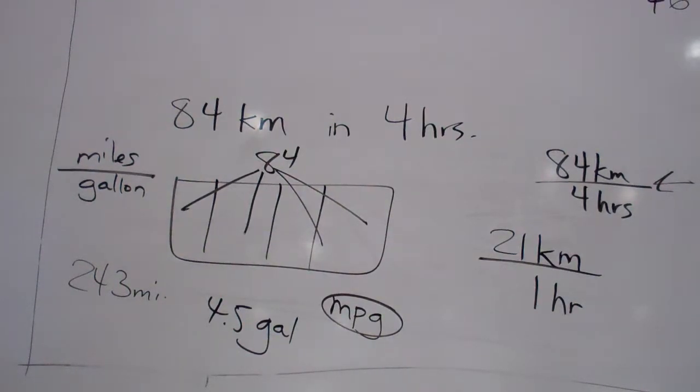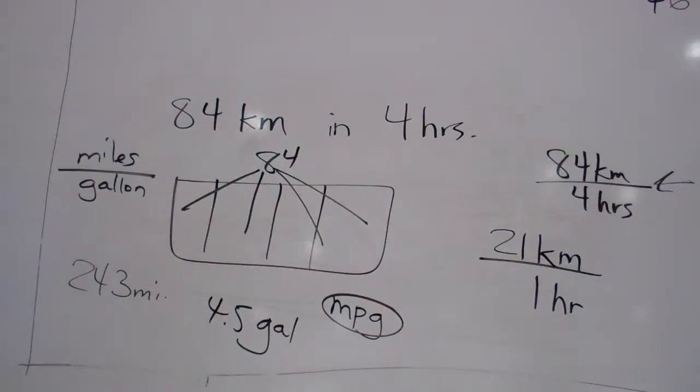I used to have a Honda Civic that got 38 miles per gallon, which is outrageous. Mine now probably gets 20, 25. What was the first one? The first one was 38. I had a Honda Civic, and then I wrecked it. Yes, that's very good. 38 miles per gallon is incredible.